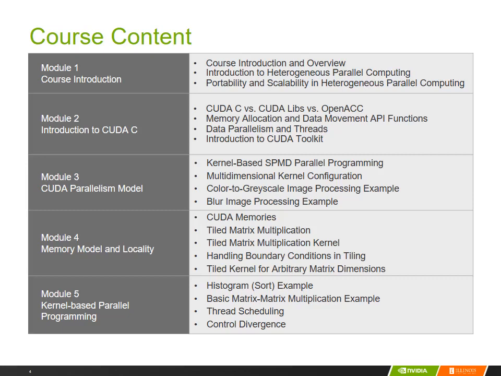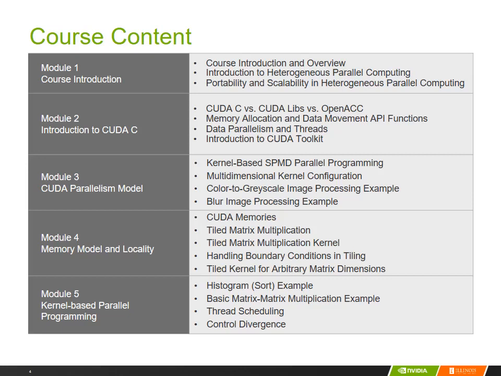So I'm going to give a very high-level overview of these modules so that the instructors can begin to consider which modules to include in their own courses. The first module is a course introduction where we introduce the general concepts of heterogeneous parallel computing and the important considerations when developing software for heterogeneous parallel computing systems.